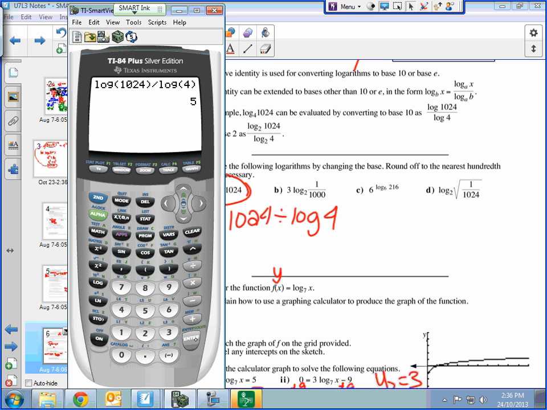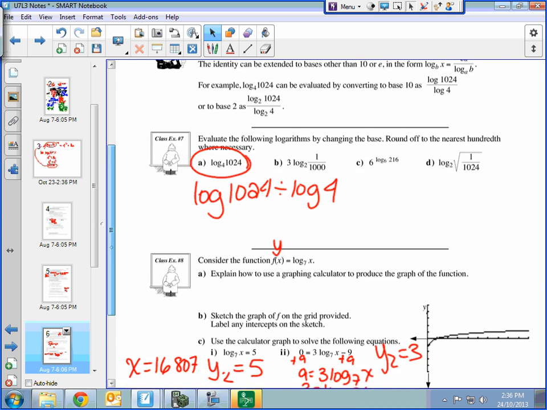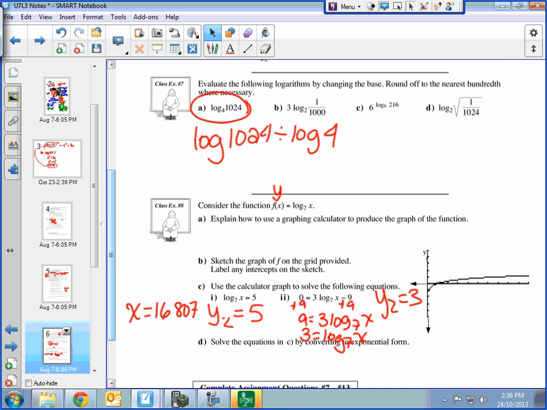Enter. 5. Does that make sense? So if they're just telling you to evaluate the logarithm, you could just put this right into your normal screen. As soon as it says graph, that's when you put in your y1.